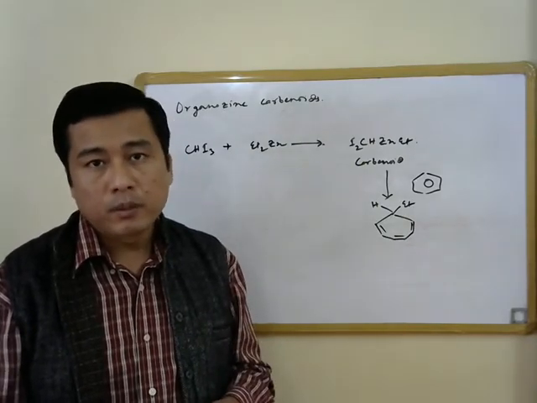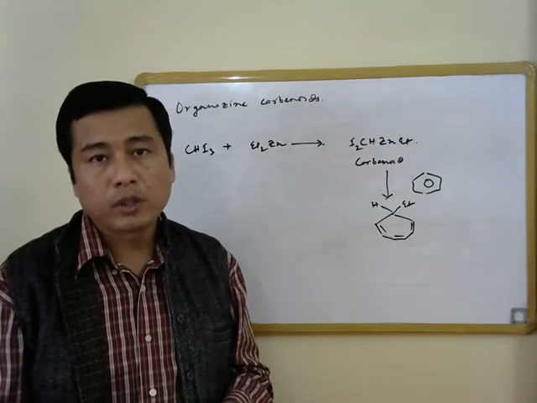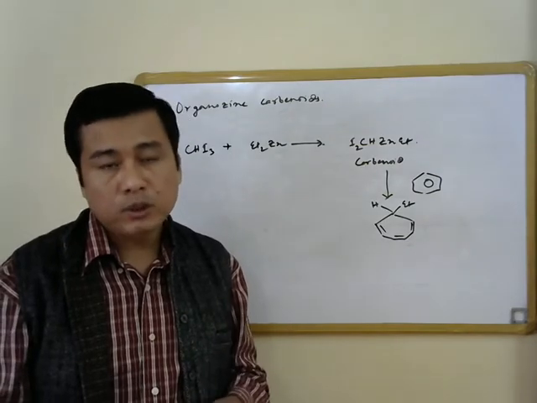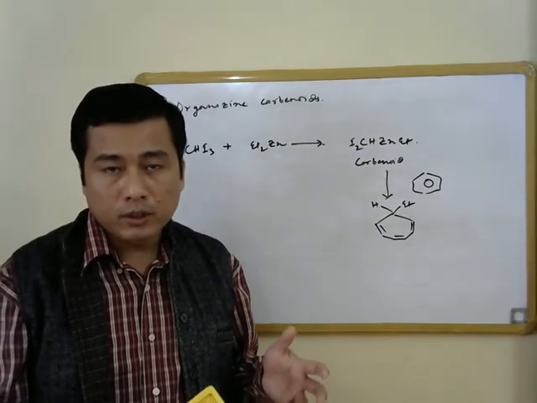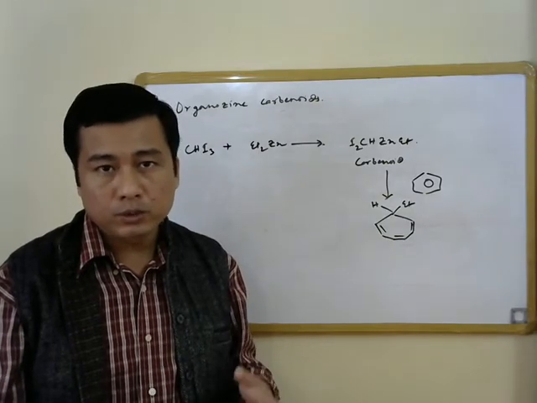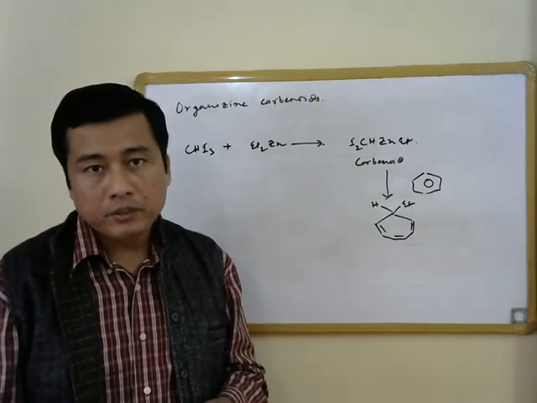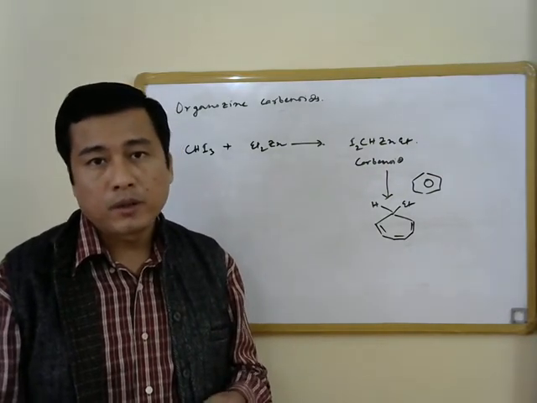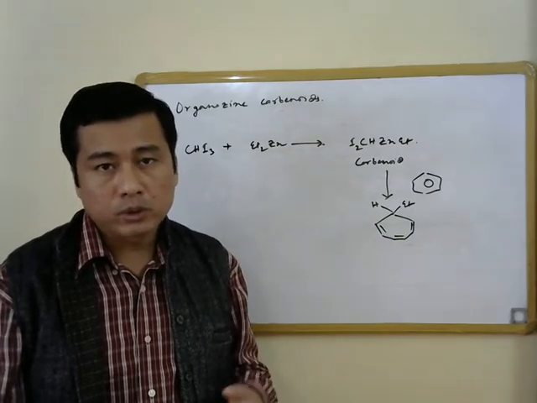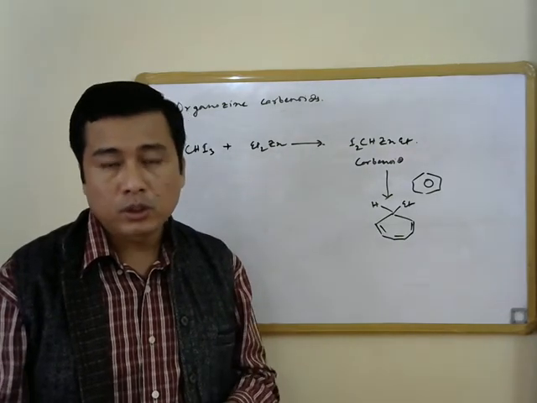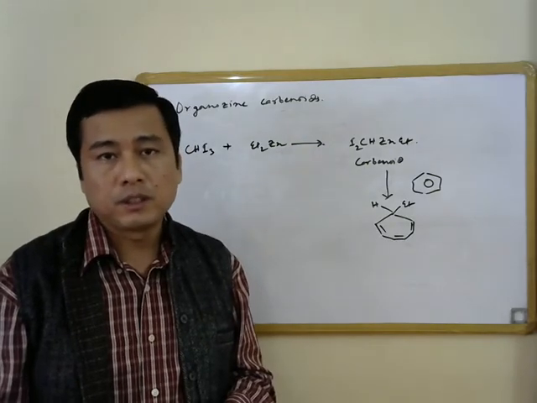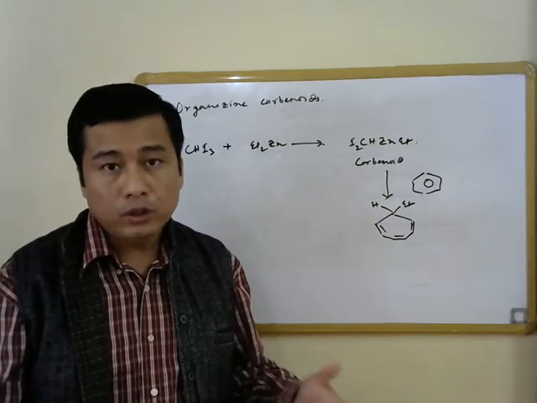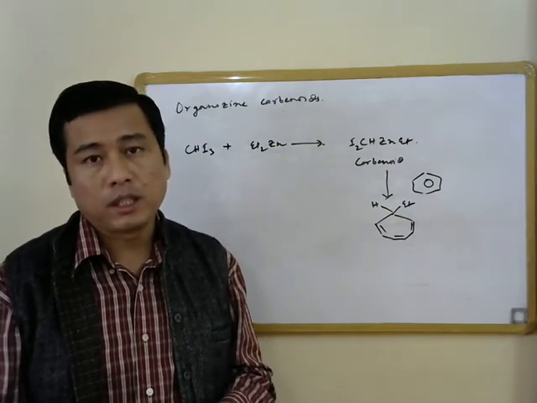Then we looked at the application of organozinc carbenoids in organic chemistry, and we have seen that in the case of the Simmons-Smith reaction, the organozinc carbenoids essentially allow us to form cyclopropane derivatives, as well as different spirocyclic compounds. Then we learned about another important application of these organozinc carbenoids, for ring expansion of aromatic compounds, which essentially gives us cyclic conjugated ligands, which are important in organometallic chemistry.